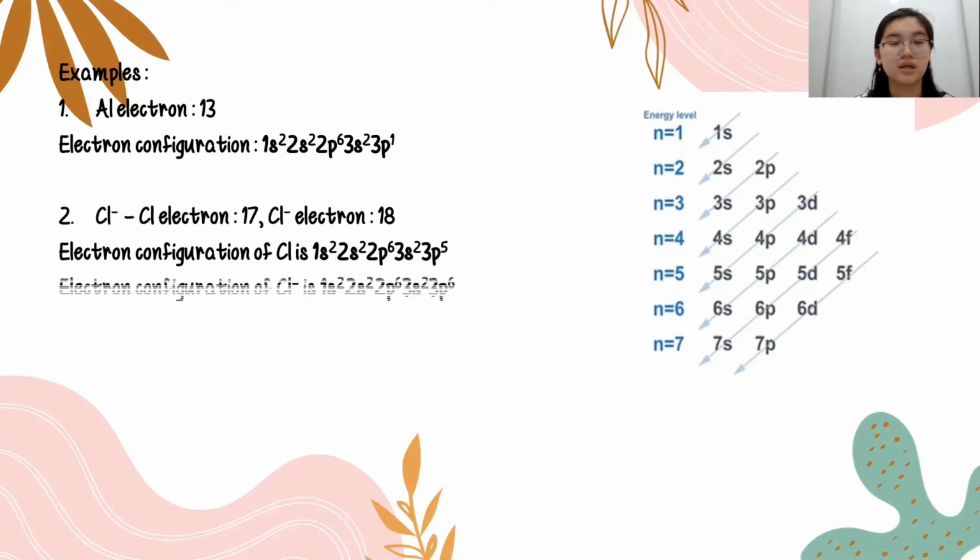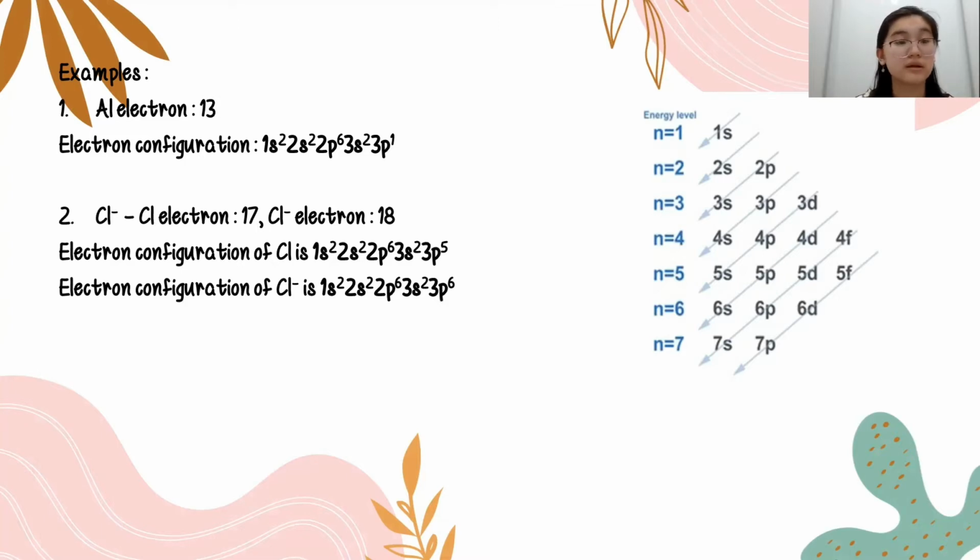And the second example is the electron configuration of an ion. We are asked for the chloride ion. The chlorine atom has 17 electrons and the chloride ion has 18 electrons. For the ion, we need to first make the electron configuration of the parent atom.